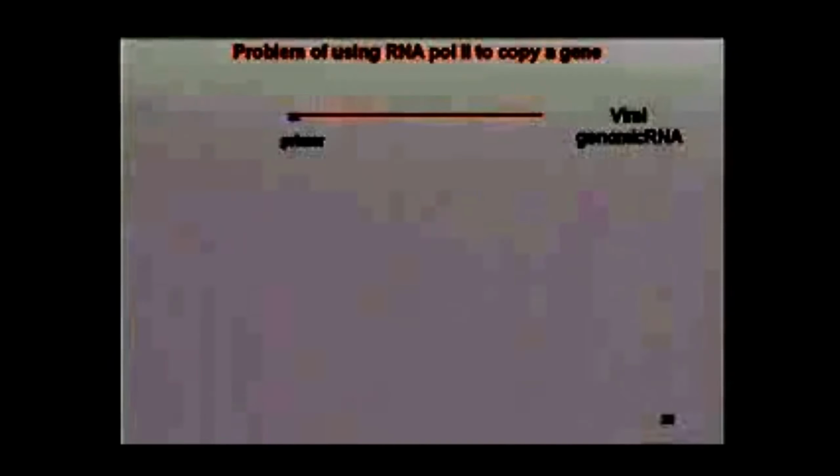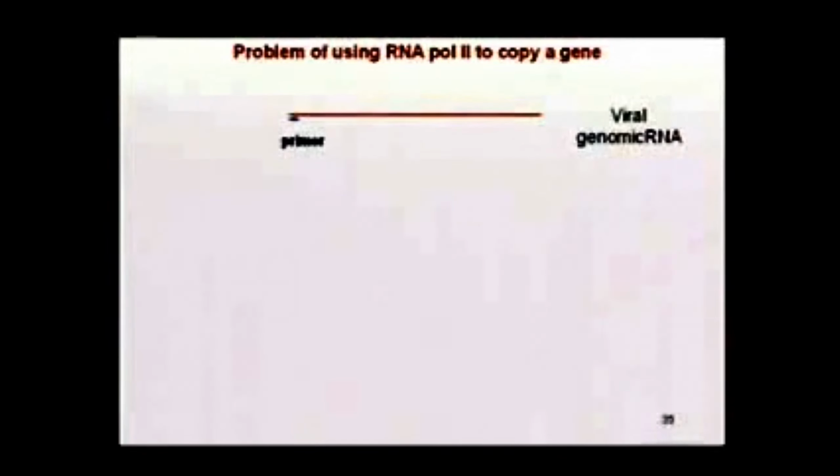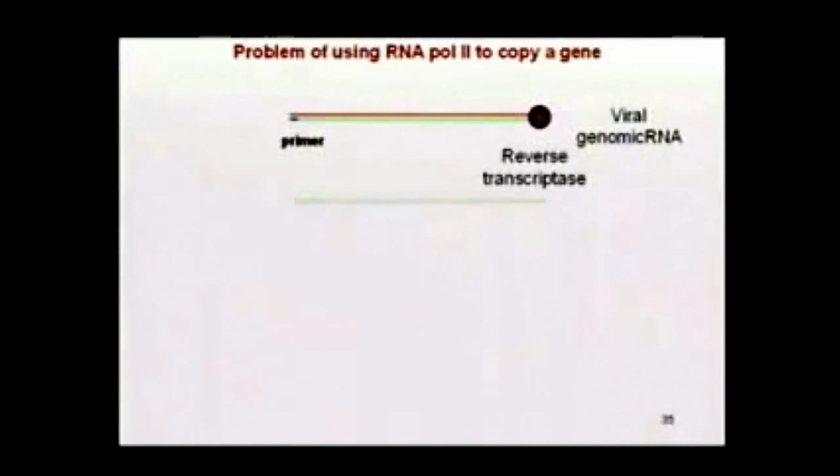So it always carries along with it a few of the old host cells' transfer RNAs to use as its primer. And then the reverse transcriptase copies that. Okay, we've now got a strand of DNA. Reverse transcriptase now copies that back, as we've seen, to form double-stranded DNA.